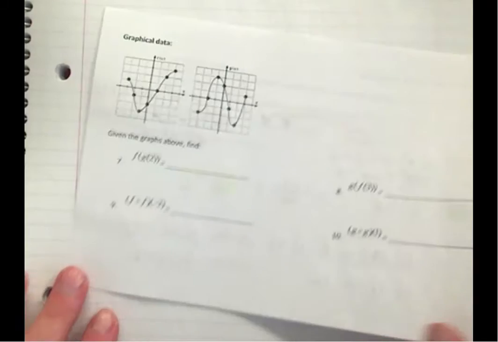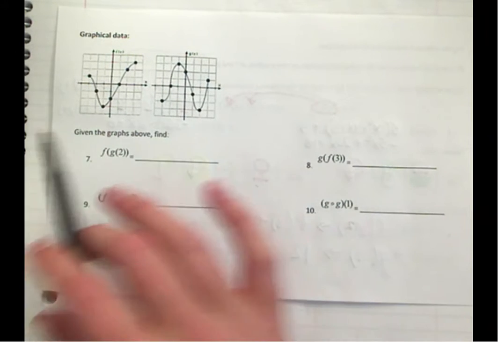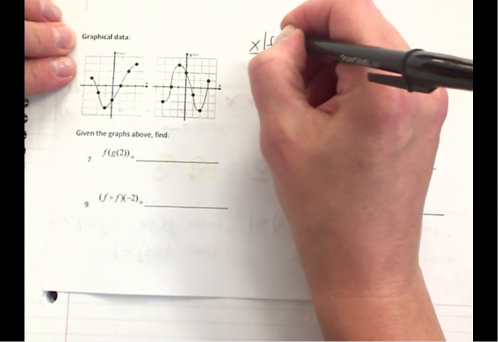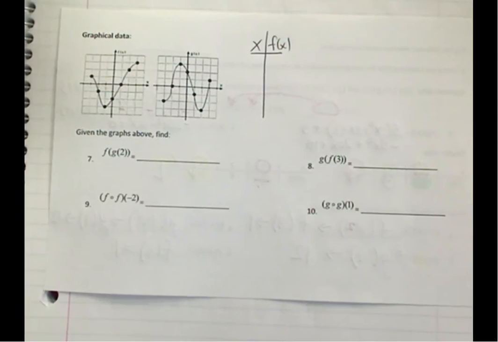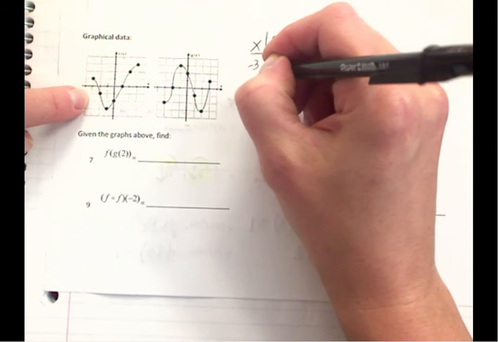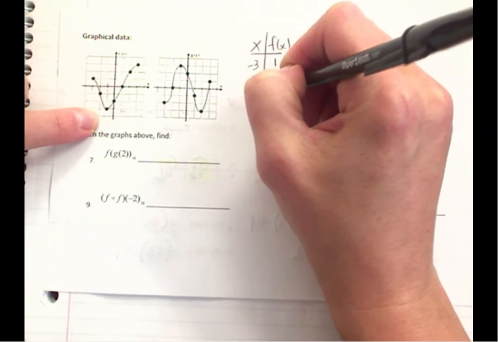Okay, flip it over. Ooh, instead of giving you a table of points, I just gave you a graph. If you prefer, you can just write those points out in a table format. It'll still work. 1, 2, 3, -3, 1, -2, -1, -1, -3.